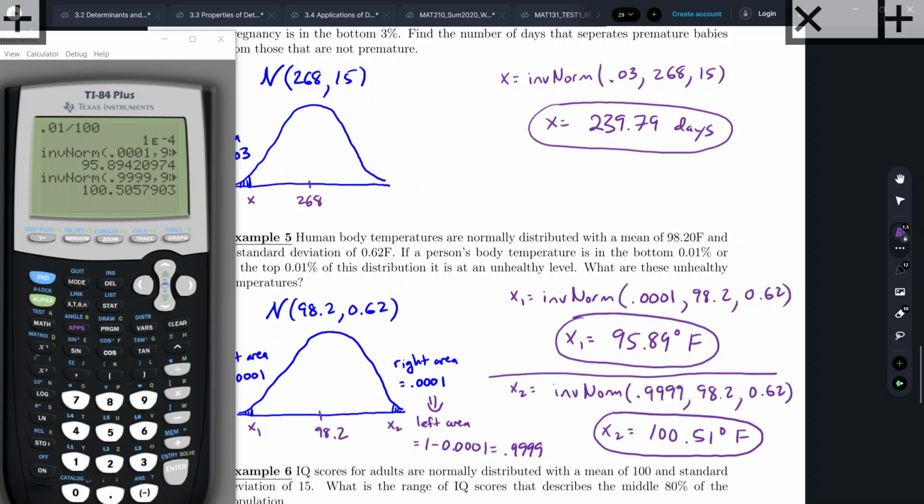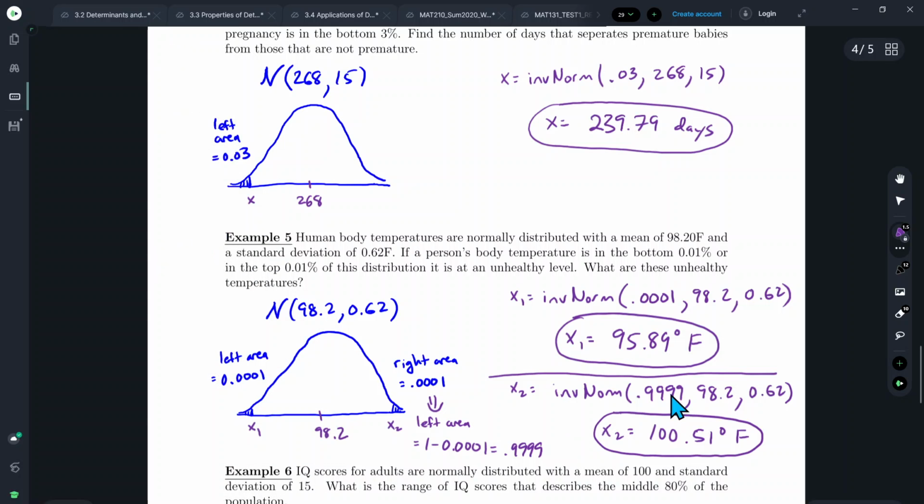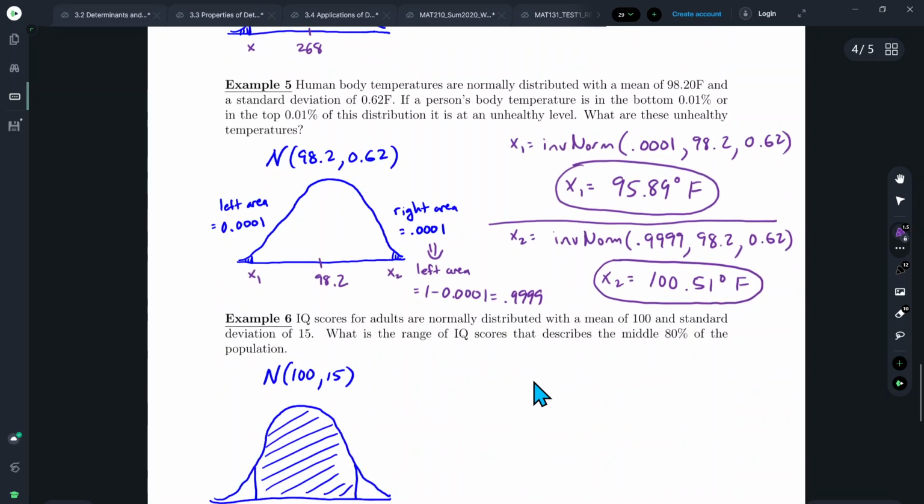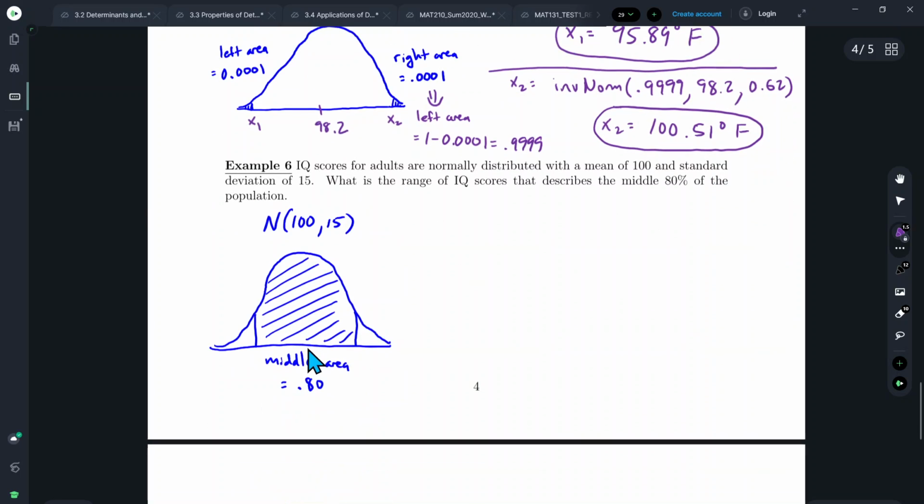So that's what we get calculating the inverse norm. Again, when it's shaded to the right, we have to switch to a left area before doing the calculation. Okay, so now let's continue to example 6.